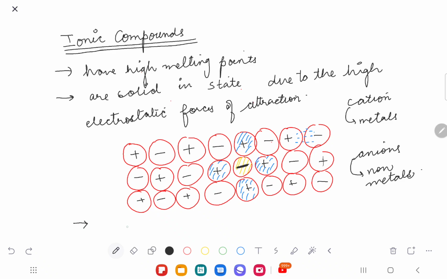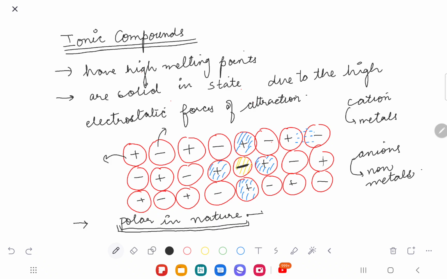Have we also written this property that ionic compounds are polar in nature? Why are they polar in nature? Who do you call poles in chemistry? Charges. So they have a positive charge and they have a negative charge, thereby we say they are polar in nature.